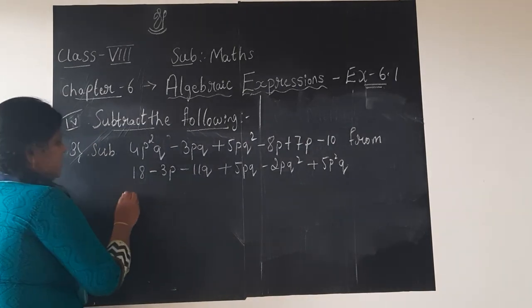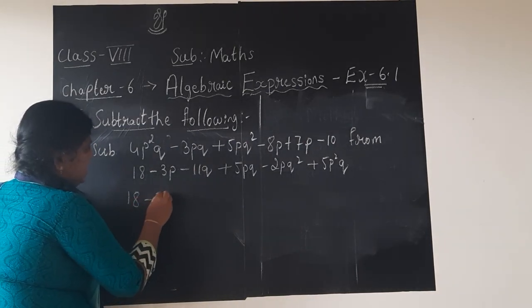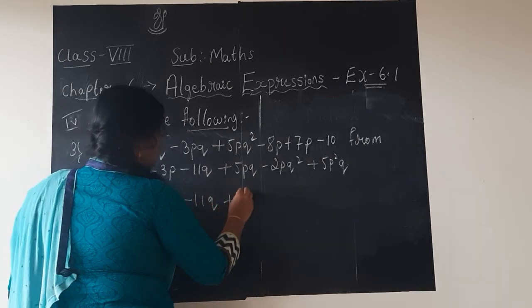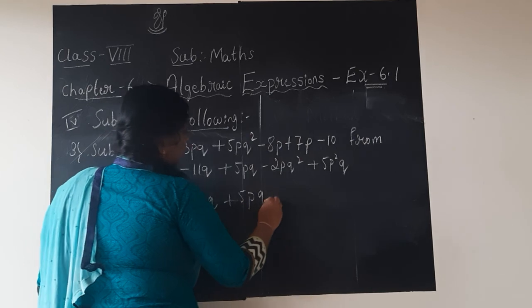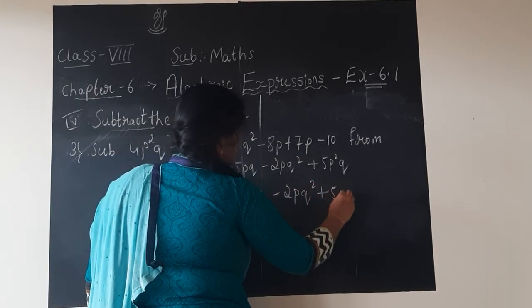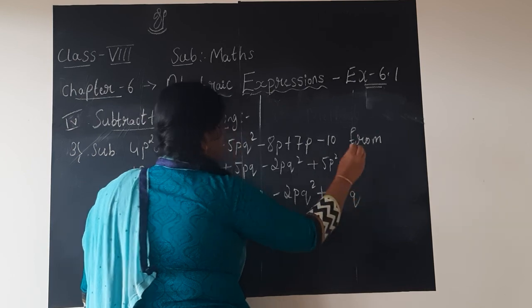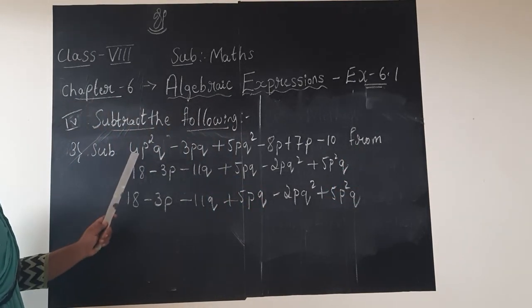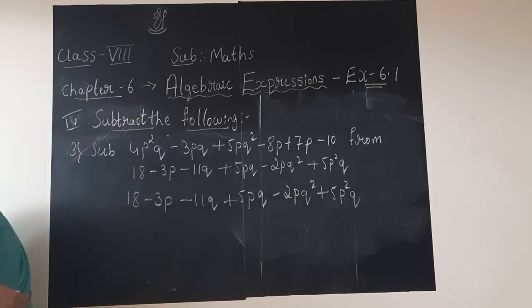So let us write the second expression. It is 18 minus 3p minus 11q cube plus 5p cube minus 2pq square plus 5pq square. From this we need to subtract the first expression.